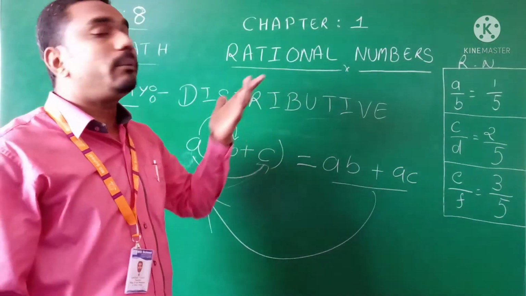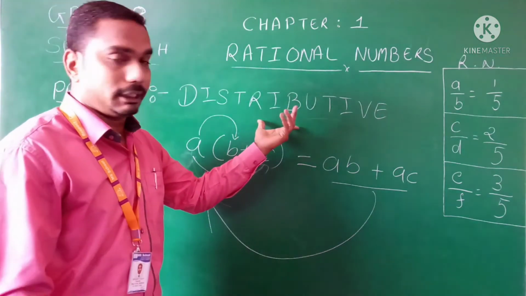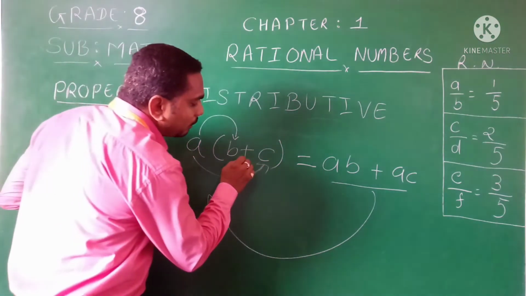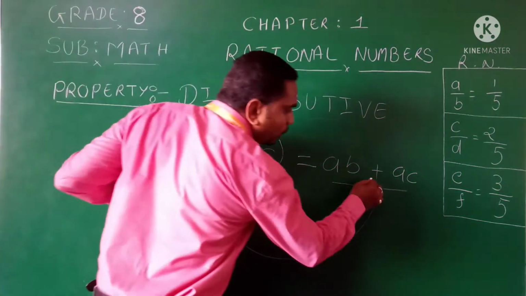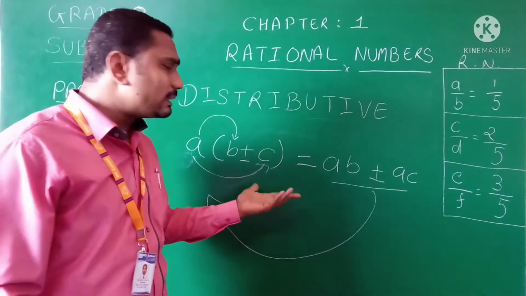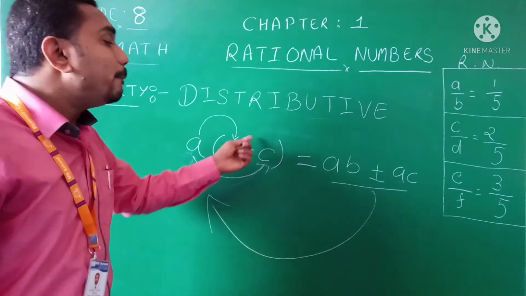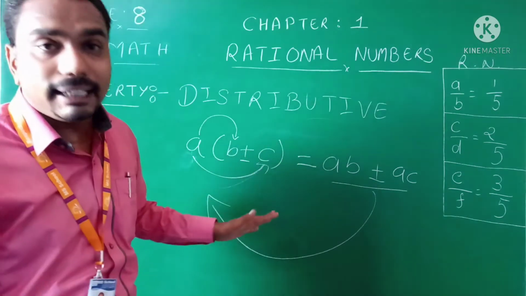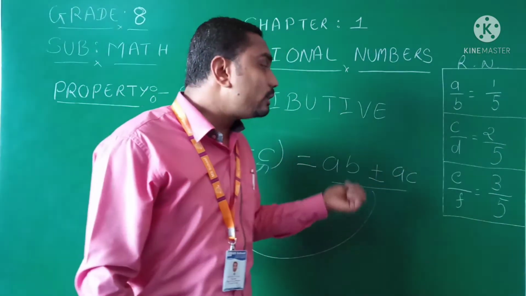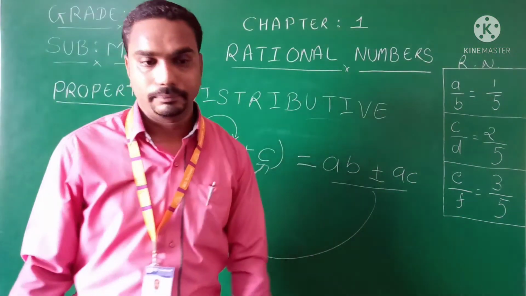Such a property is known as the distributive property. Again, for the same thing, if I say minus here, it will also be a minus. So you can easily memorize this: the multiplication of a into bracket b plus or minus c, bracket close, is equal to ab plus or minus ac. This property is known as the distributive property.